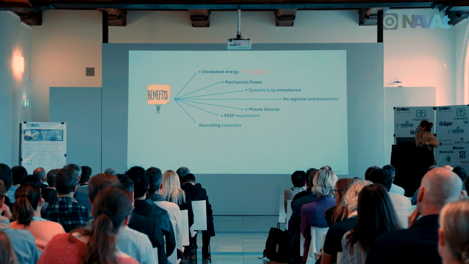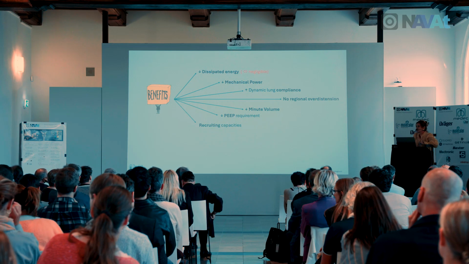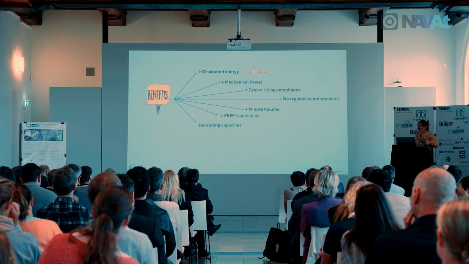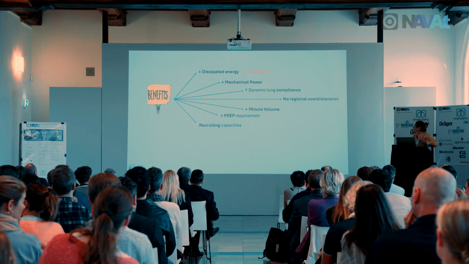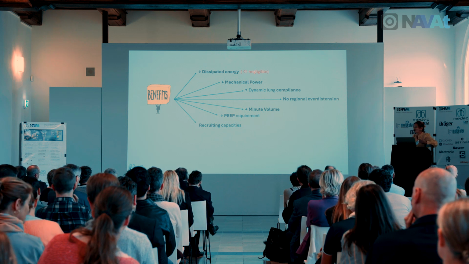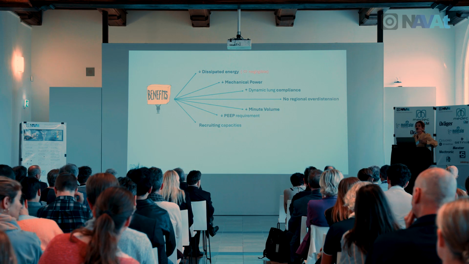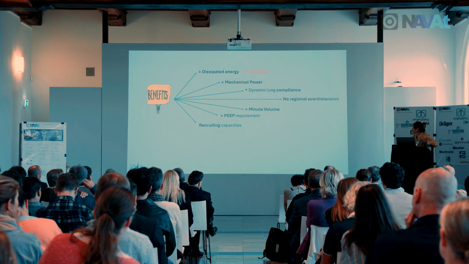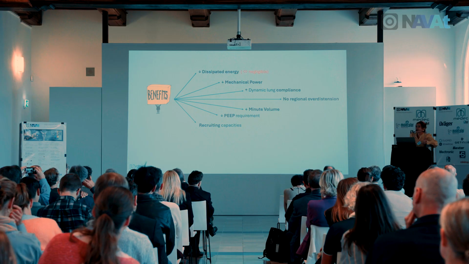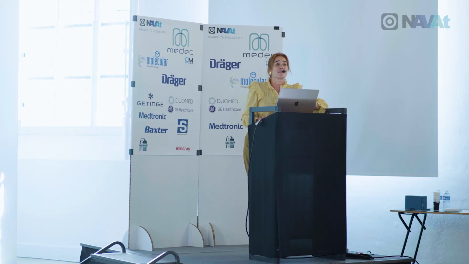Now, what are the benefits of flow-controlled ventilation? One of the benefits is that it is associated with less dissipated energy, and according to some authors, less dissipated energy will result in less ventilator-induced lung injury. According to other authors, the energy is very negligible and not comparable with the energy that is needed to warm up the air.